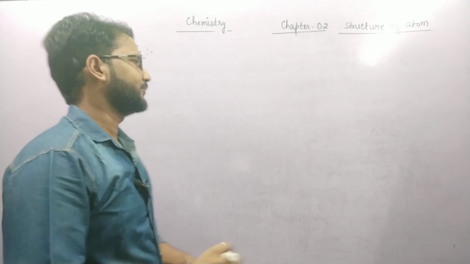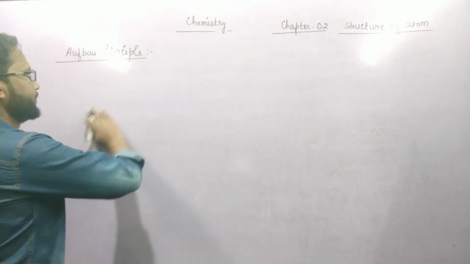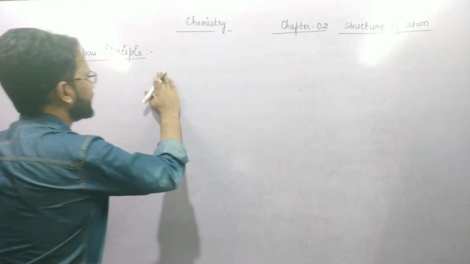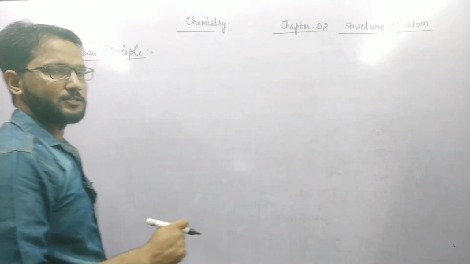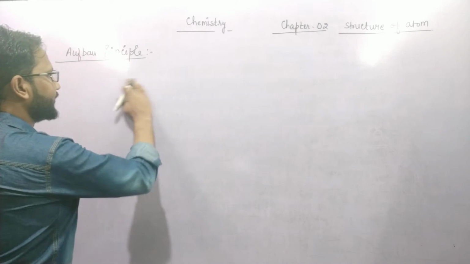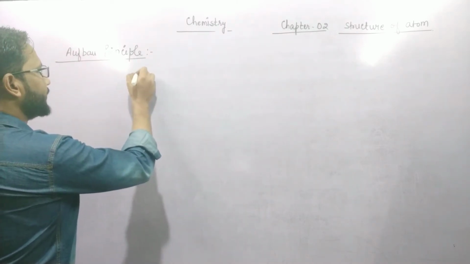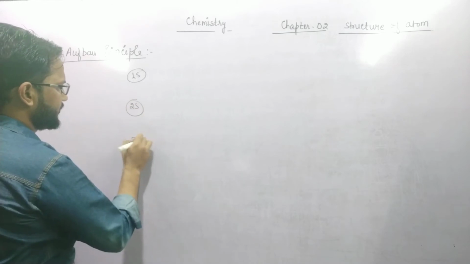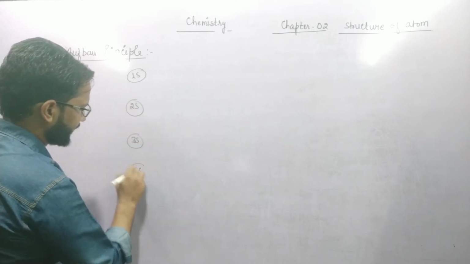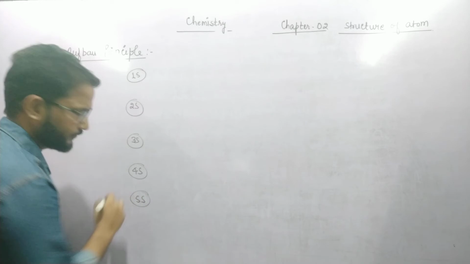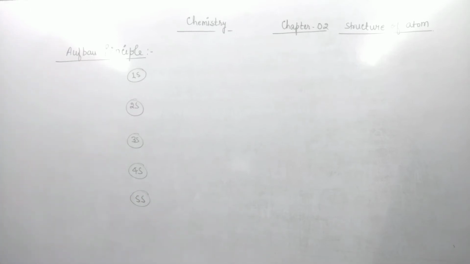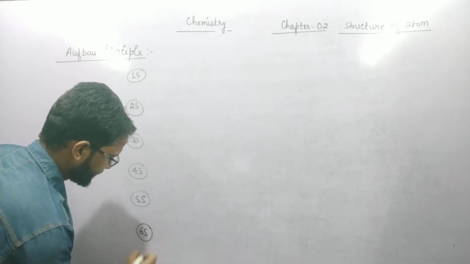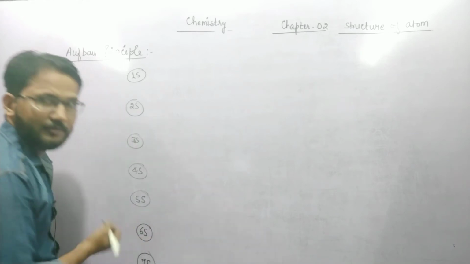how the energy order will be set in the Aufbau principle. So we draw here the Aufbau principle diagram, where the orbitals of energy are represented. Numbering starts from 1s, 2s, 3s, 4s, 5s, next 6s and last 7s.